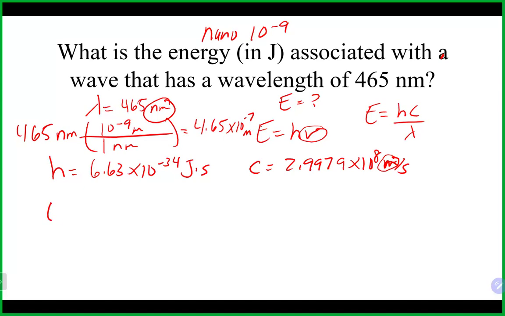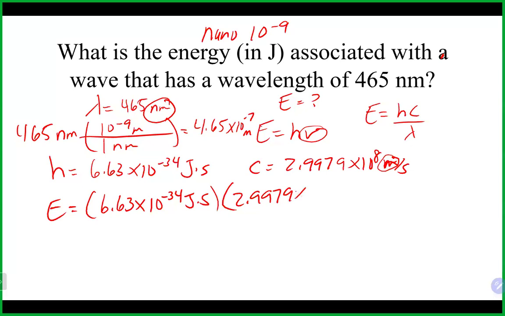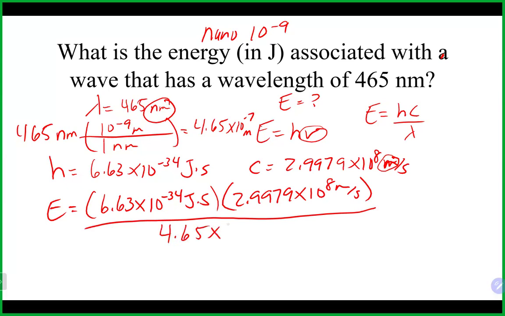So going into our equation, we take our Planck's constant, 6.63 times 10 to the minus 34 joules times seconds, times our speed of light, 2.9979 times 10 to the 8 meters per second, all divided by our wavelength of 4.65 times 10 to the minus 7 meters. Once again, seconds are going to cancel, meters are going to cancel, leaving us joules as the only unit left, which is good.